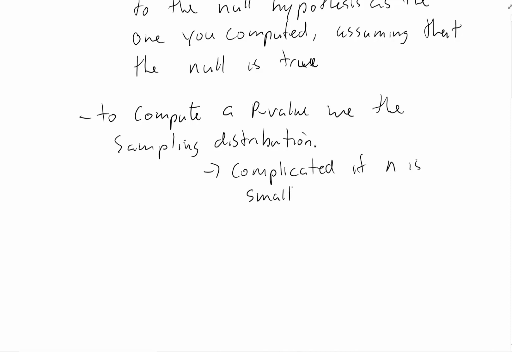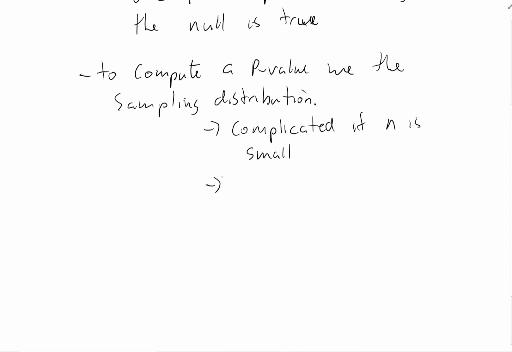But if we can imagine the sample size getting large, as n goes up, maybe we can use the central limit theorem. We can use the central limit theorem if n is large. Remember, that means this is a normal distribution as n goes to infinity.